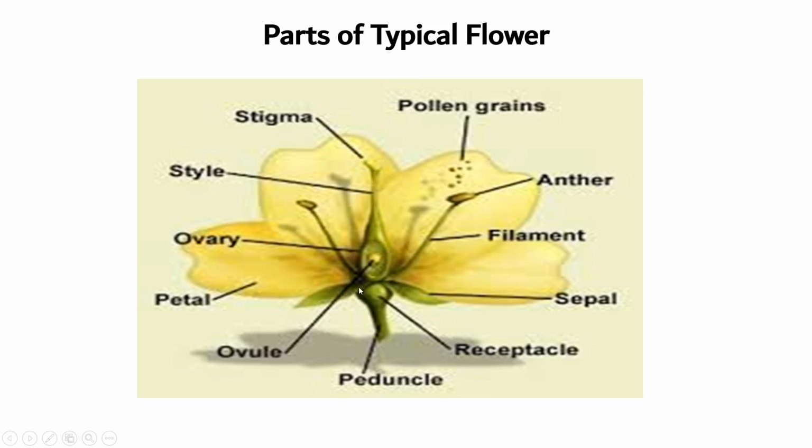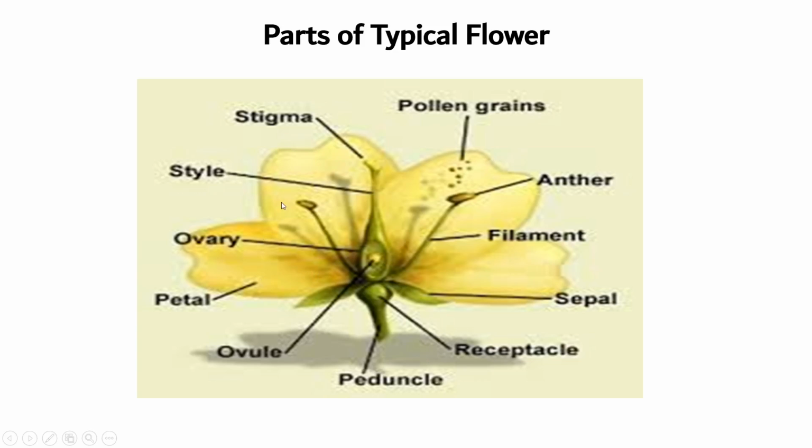And I told you that the individual of calyx is the sepal. Mostly they are green in color. They protect the inner whorls in bud condition, as well as carry out photosynthesis, similar to the leaves.